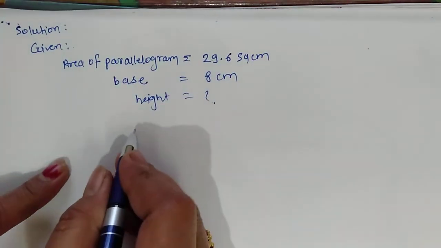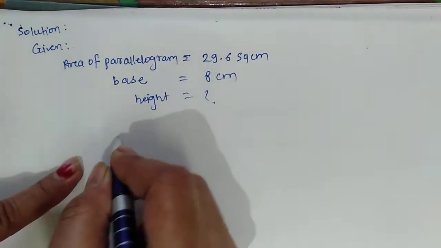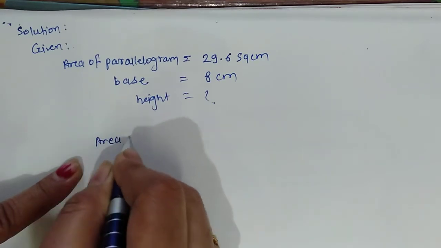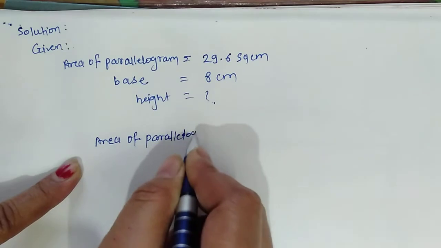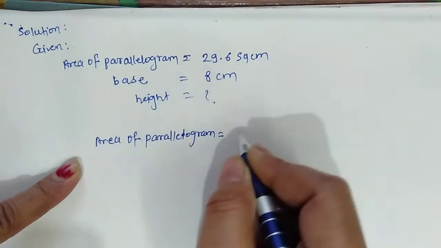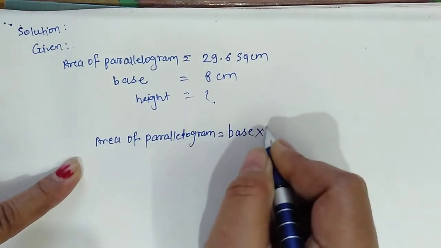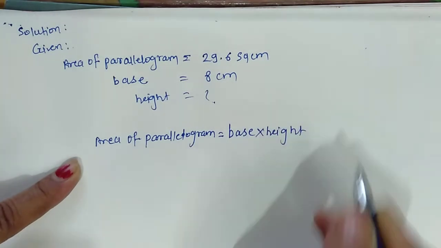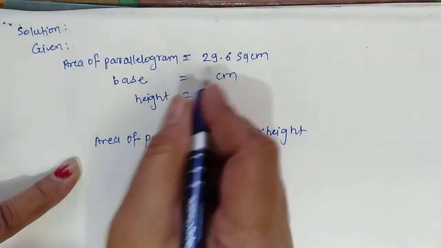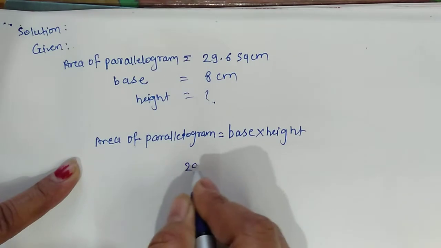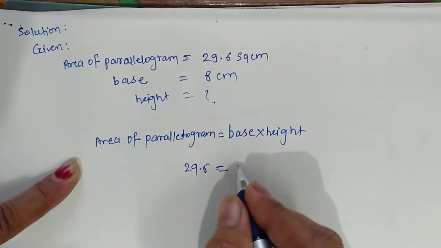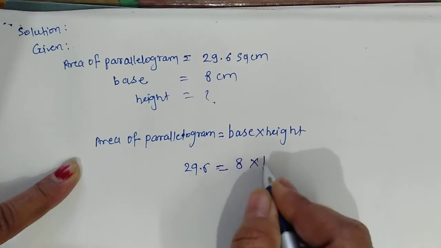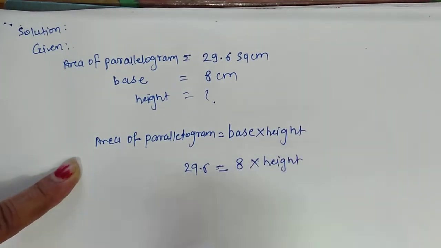So write down the same formula here. Area of parallelogram is equal to base into height, and put up the values. Area is 29.6 is equal to base 8 multiply by height, as it is.